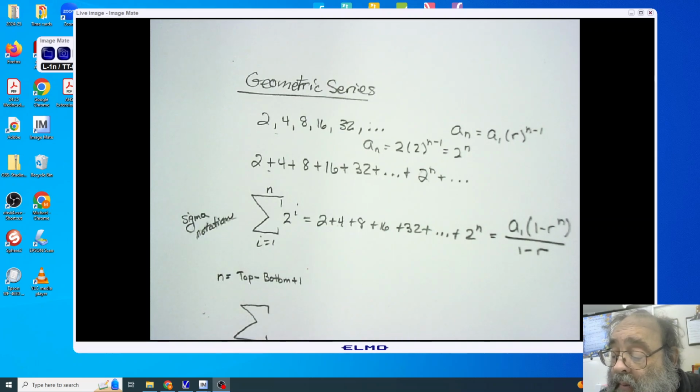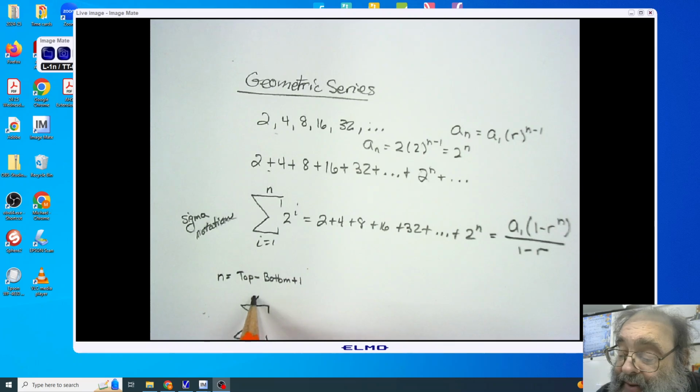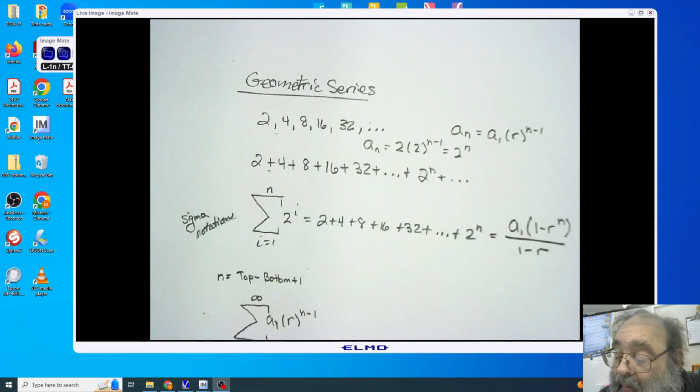If I'm working with an infinite sum, it also has a formula, but it has different requirements. It's going to infinity now, and it requires that the common ratio in the formula, a sub 1 times r to the n minus 1, has an absolute value that is less than 1.